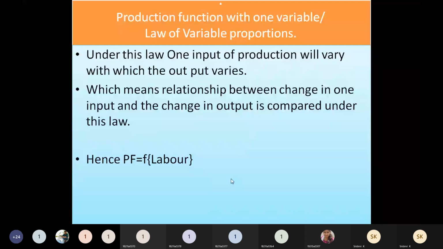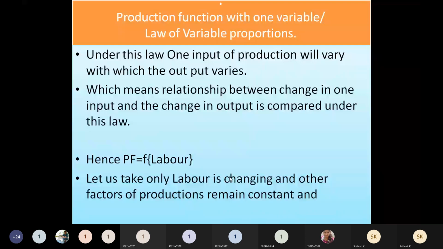Labor is going to be increased, and how the output is changing, that relationship we are going to see. And whenever one input is changing, you have to keep the condition that all other factors will be constant. This condition should be applied, then only will the change take place.